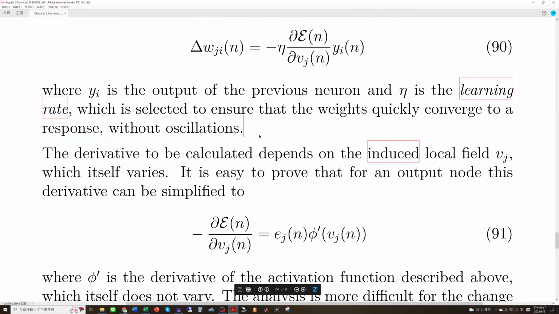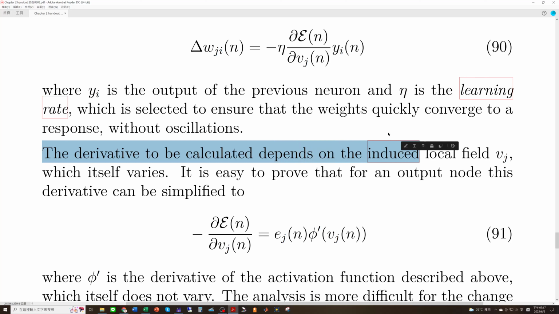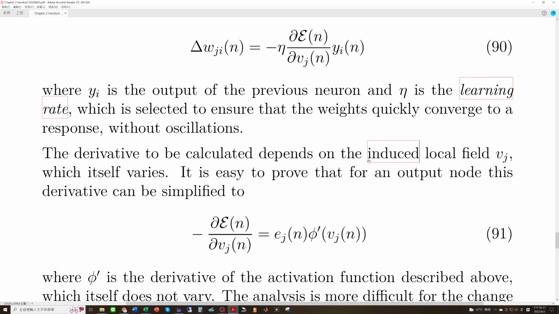Let us continue. The derivative to be calculated depends on the induced local field Vj, which itself varies. I will introduce the meaning of the word induced later. It is easy to prove that for an output node, this derivative can be simplified.